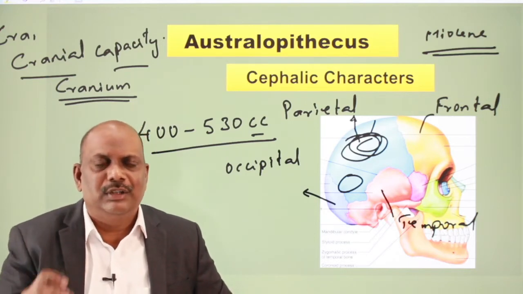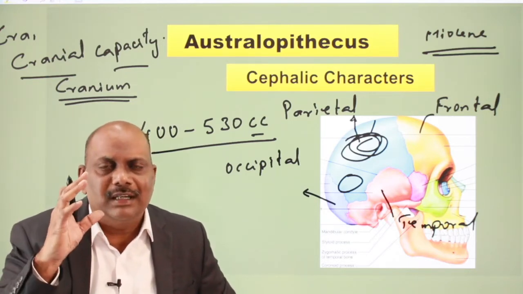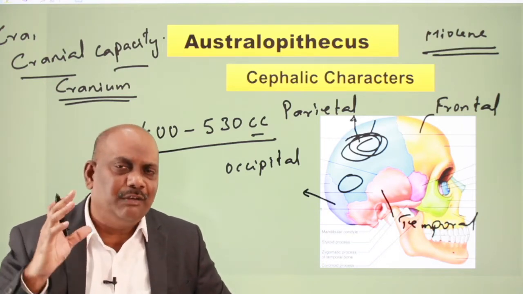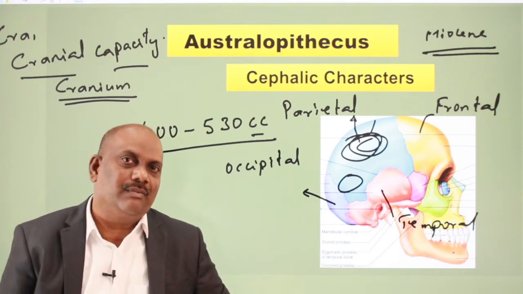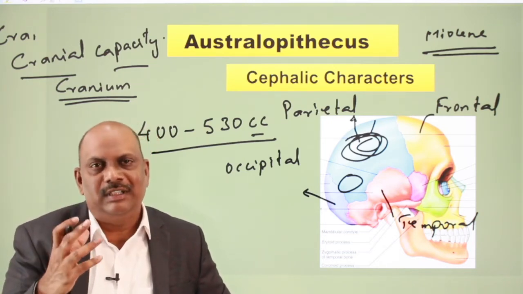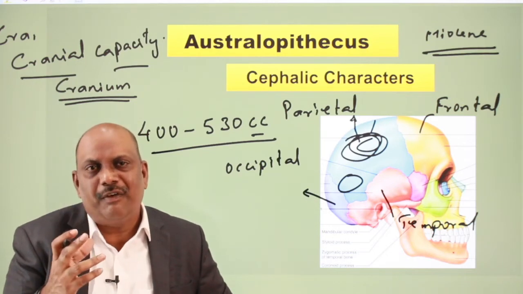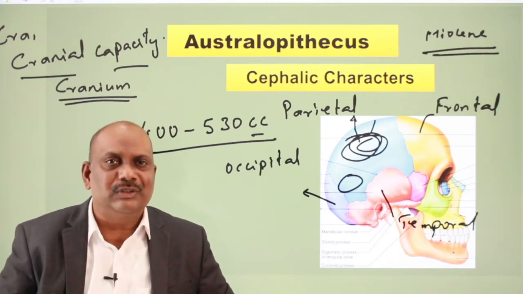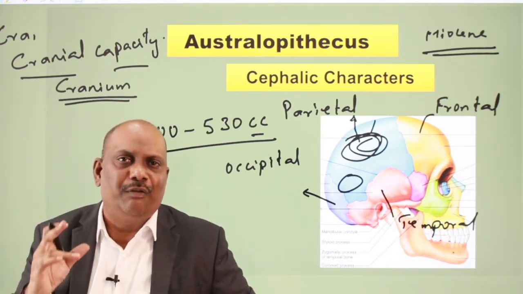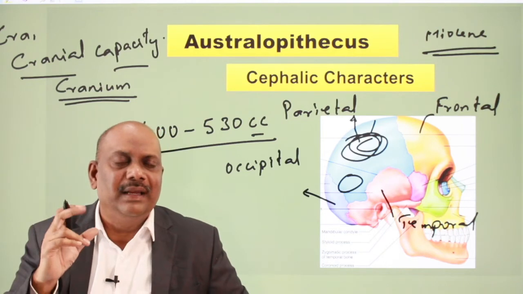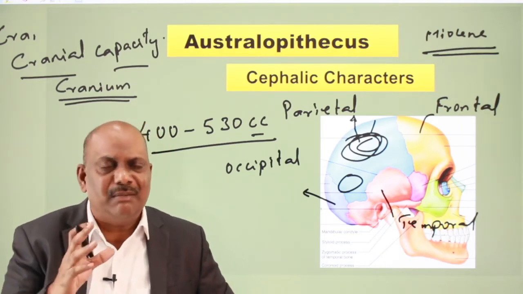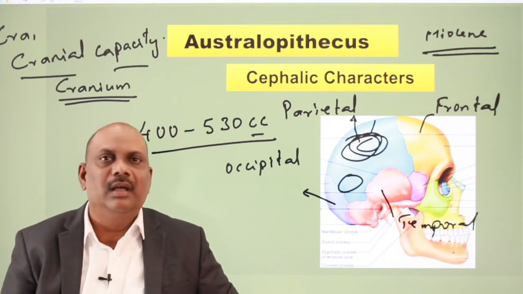So there is an enlargement of the brain of Australopithecus, and this enlargement is largely found in the parietal region, where we have the cerebrum. These regions are associated with sound production. So the development of Australopithecus brain in this region suggests that Australopithecus might have had some sort of verbal communication, to speak and to communicate.